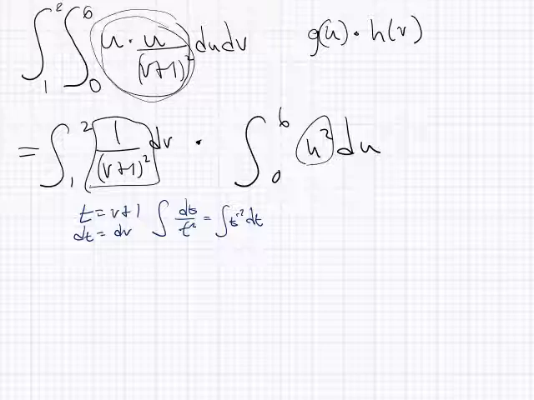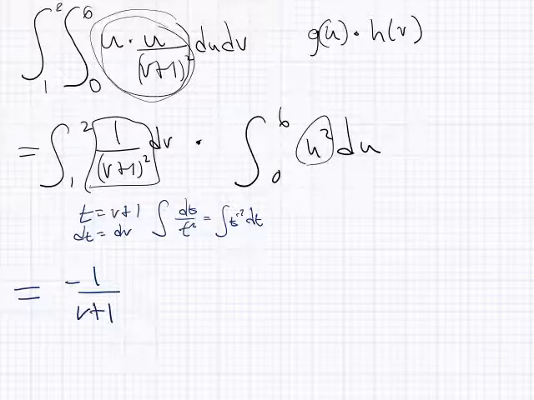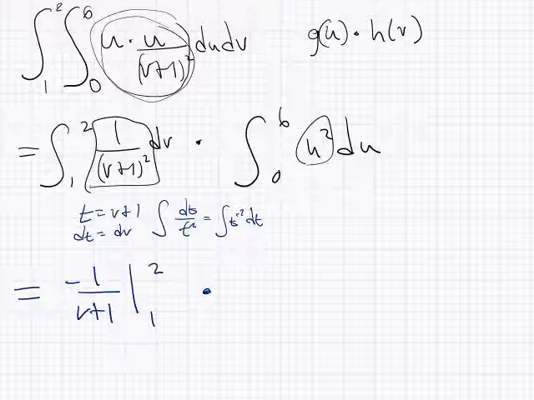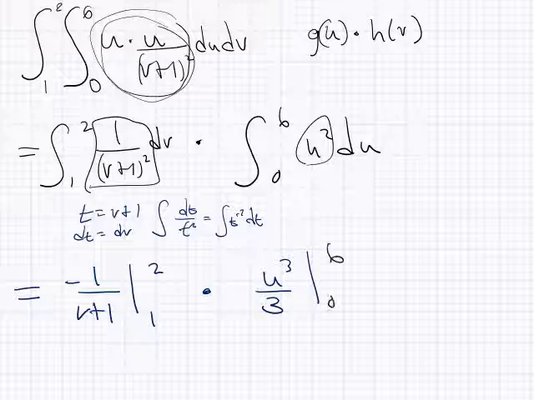So we're going to use our simple power rule here. And what do we end up with? Well, we're going to add 1, divide by, so we get negative 1 over t, essentially t being v plus 1, and that's going to be between 1 and 2. That's multiplied by this one, which is even easier, so that's going to be u cubed over 3, between 0 and 6.